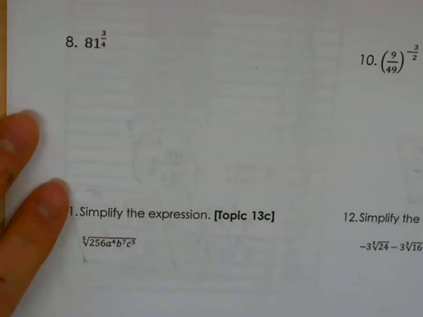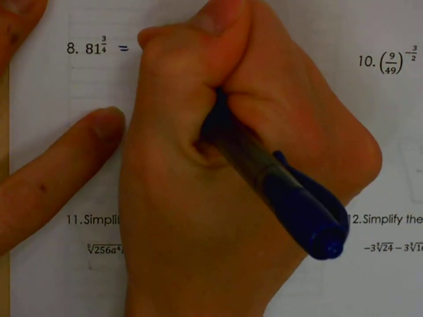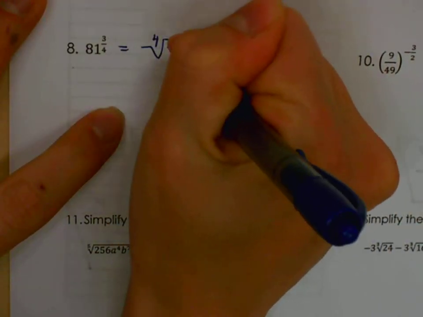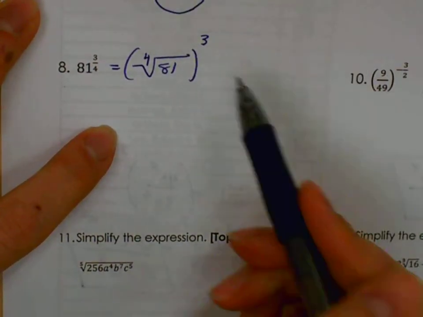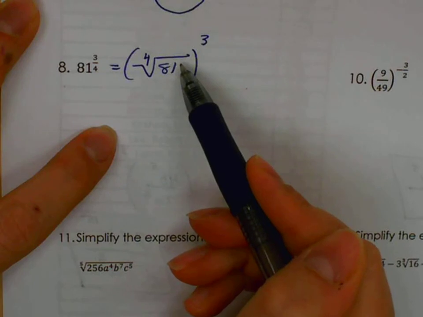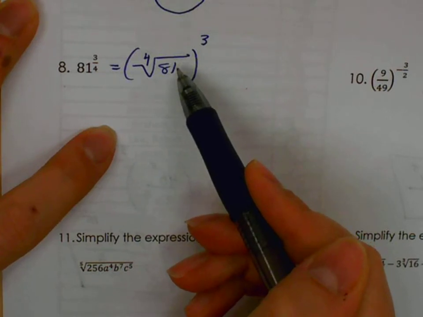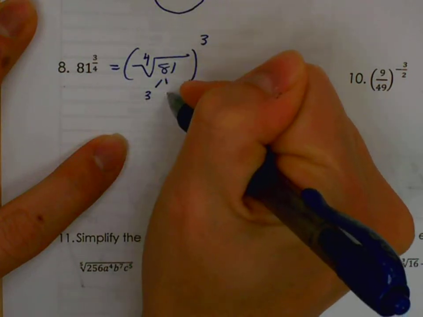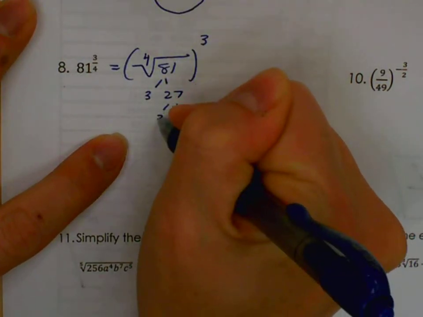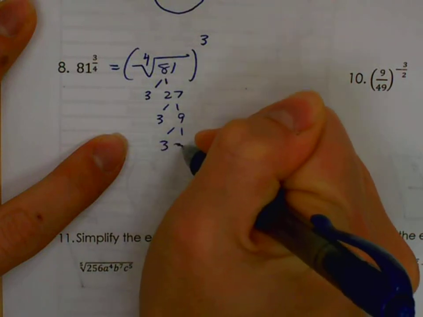Okay, number 8. Again, let's rewrite it first. The fourth root of 81, and then parentheses to the third power. Because I certainly don't want to do 81 to the third power without a calculator in here. That's a really big number. So let's look and see if I have any groups of 4. I have 3 times 27, 3 times 9, and 3 times 3.